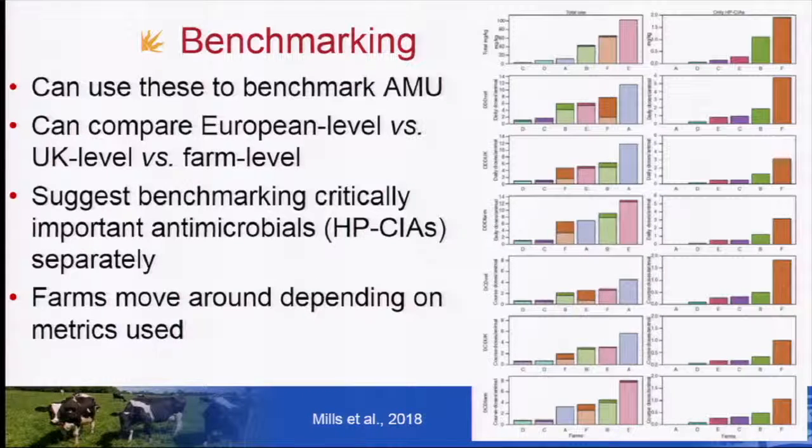But we think it's important to not use these highest priority critically important antimicrobials, so we would like to see those benchmarked and considered separately from the overall antimicrobial use, so that we're not using this lens of milligrams per kilogram and just driving towards usage of drugs that make more of a difference in the human population, that may lead to more resistance in the human population.